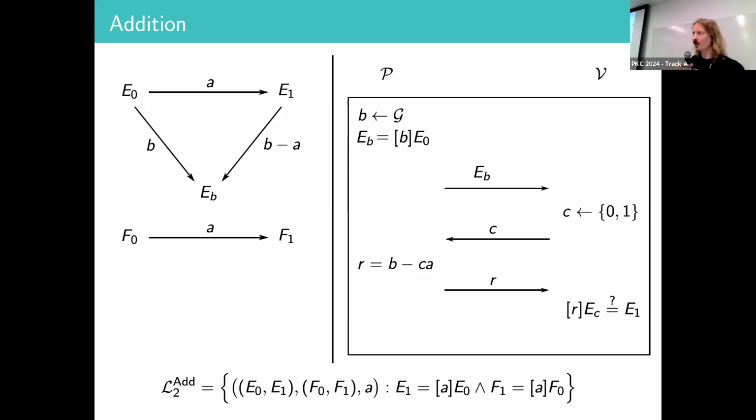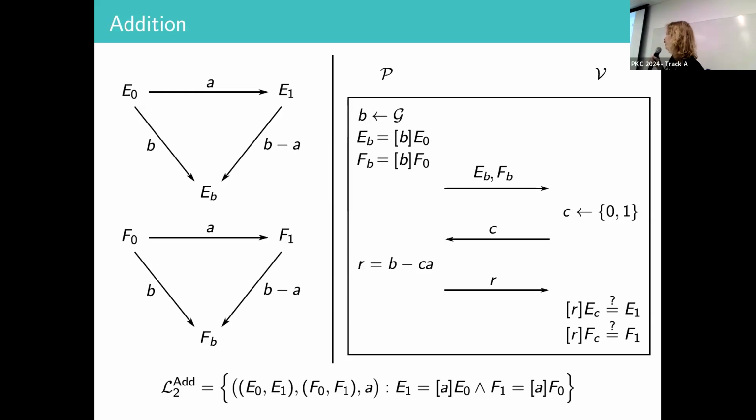And to do this, it's also quite straightforward. So we use the same B. We did the commitment on F0, and we use the same response. And then if the verifier can check that either the left-hand side or the right-hand side is correct, and is also the same for both, then the verifier is convinced that both use the same A.